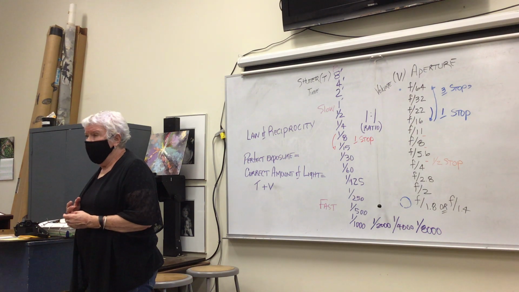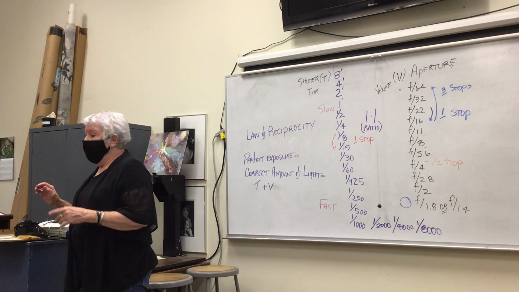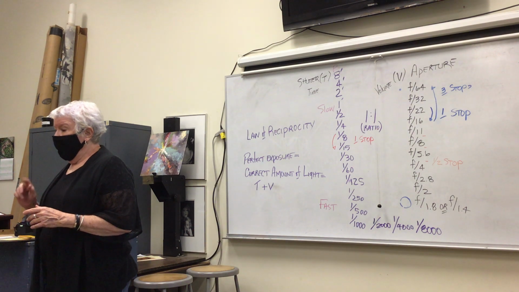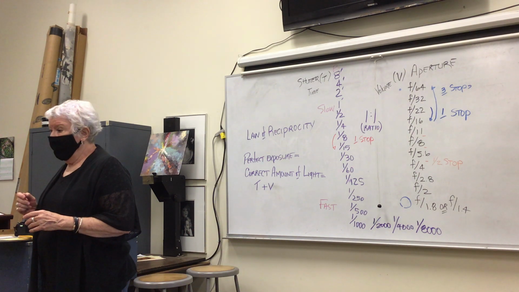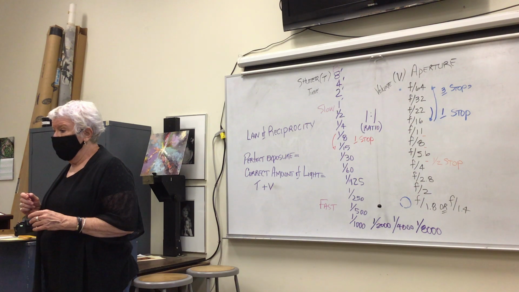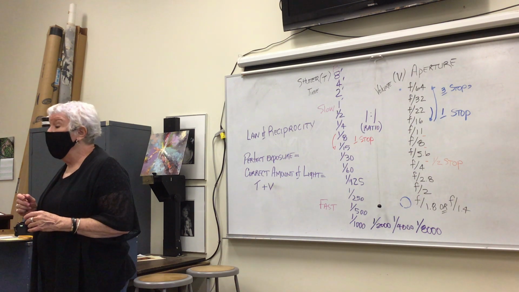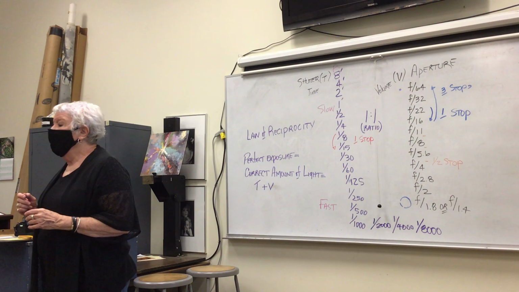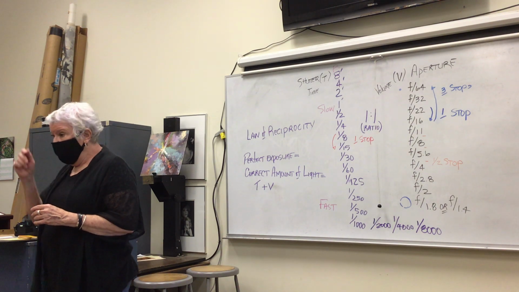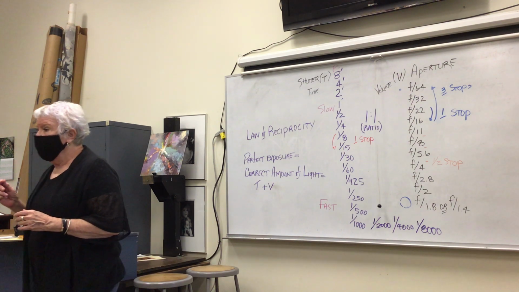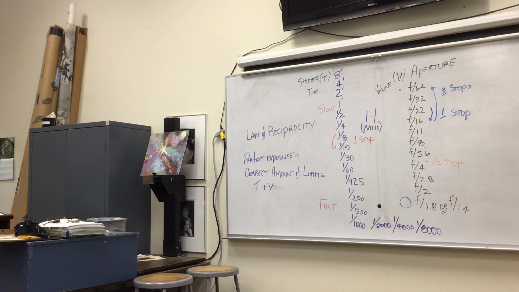Now, what was I going to do? I want you to advance your film. Hit release. Okay, now advance your film. There you go. Raise the camera to your eye. No, it's not moving out. You're going to have to release the shutter release button.